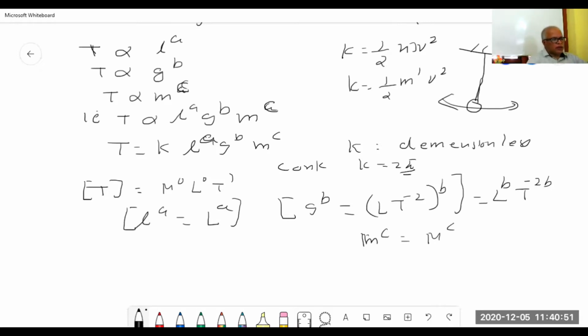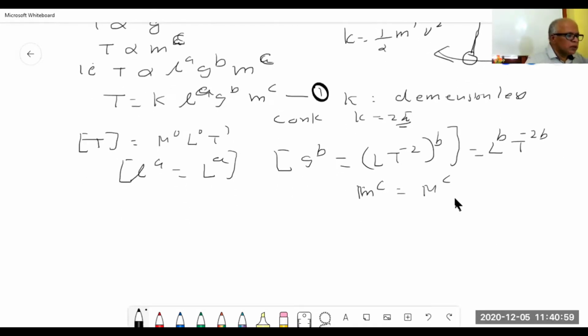So put these values in 1. 1 is our base equation. So what will you get? You will get m raised to 0, L raised to 0, T raised to 1.